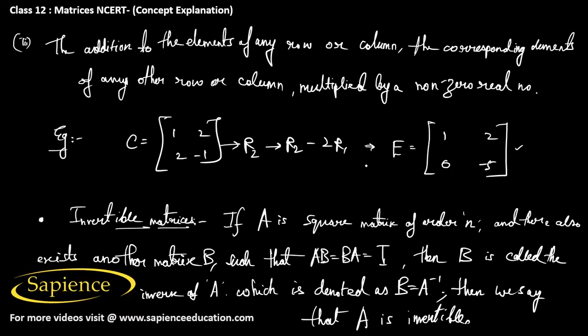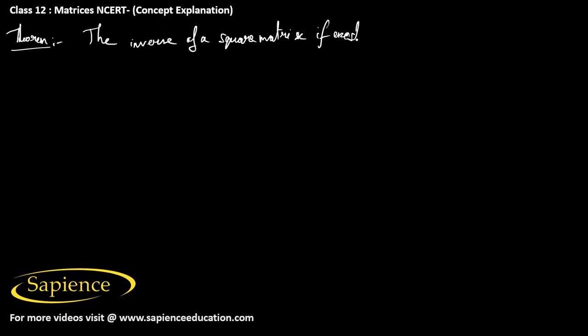Based on the inverse of matrices, there are two theorems. The first theorem is that the inverse of a square matrix, if it exists, is unique. This theorem is also called the uniqueness of inverse.